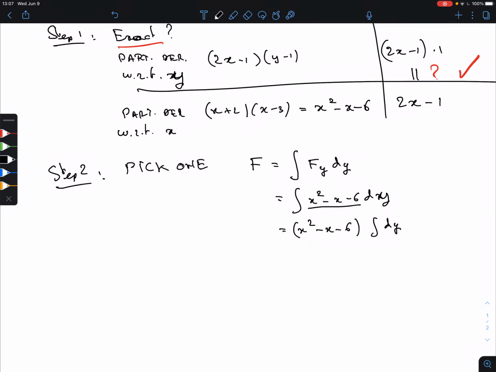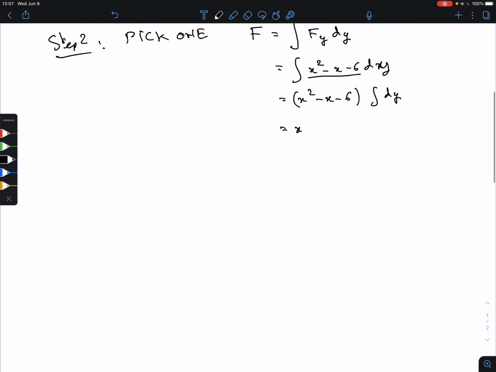It's a constant, so I take that out. So we get just x squared minus x minus 6 times y, plus, in general, there's an integration constant here. What is going on is that as far as we are concerned, we keep x as a constant in this antiderivative problem, but for different x's we get different constants probably, so this becomes a function that only depends on x.